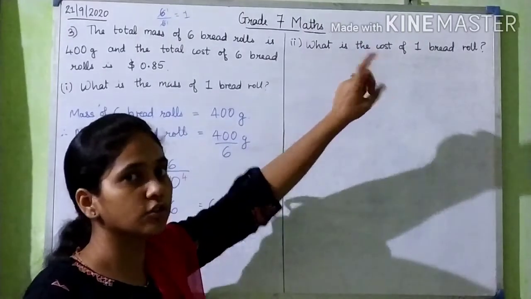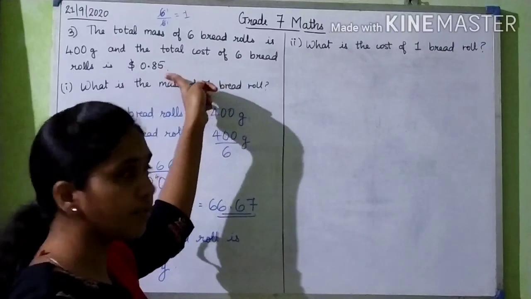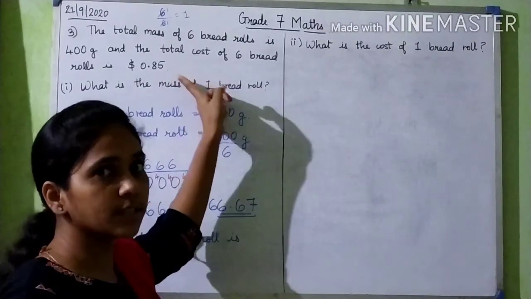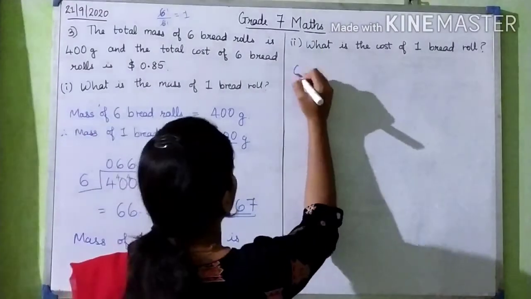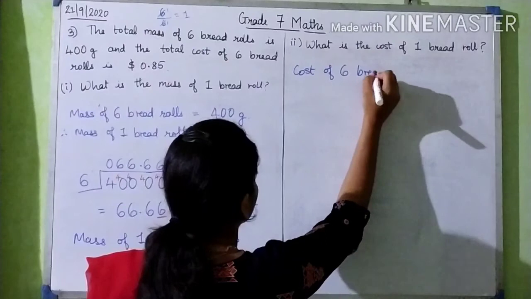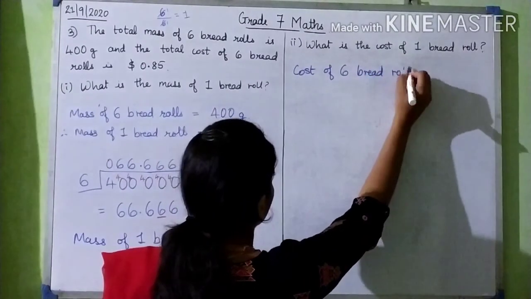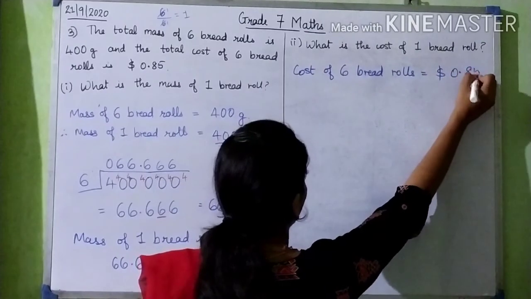Now the second one is similar, but here the cost of 6 bread rolls is given and we have to find the cost of one bread roll. So for 6, if it is $0.85, then for one bread roll it will be 0.85 divided by 6, right? So cost of 6 bread rolls is equal to $0.85.